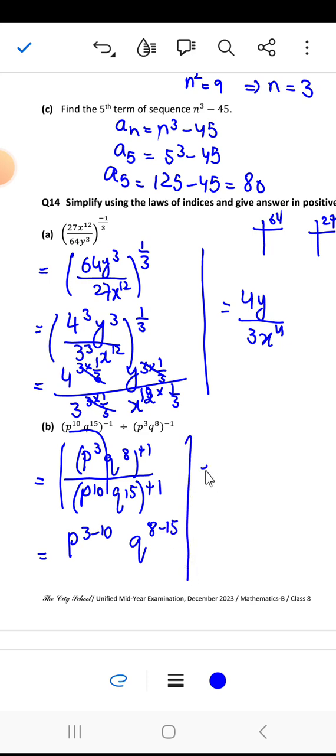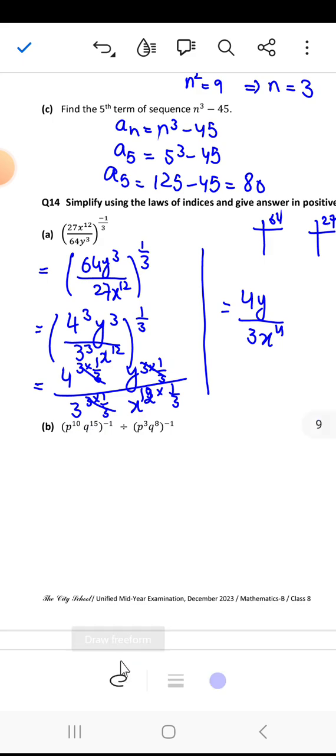So the answer is p minus 7, q minus 7. Now they are negative indices, but I need to answer in the positive index form, so I will take a reciprocal of the base. If I take the reciprocal, p7 q7 will be there. Because the denominator here was 1, I have taken the reciprocal and the powers become positive.